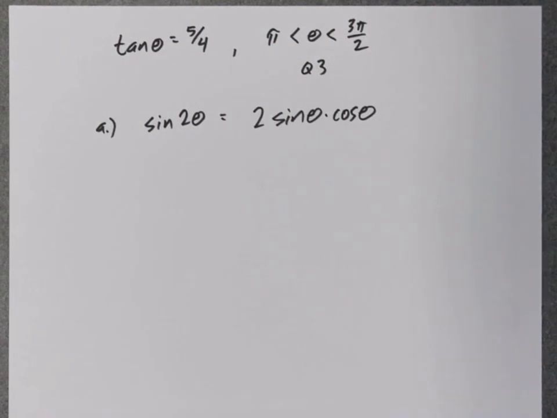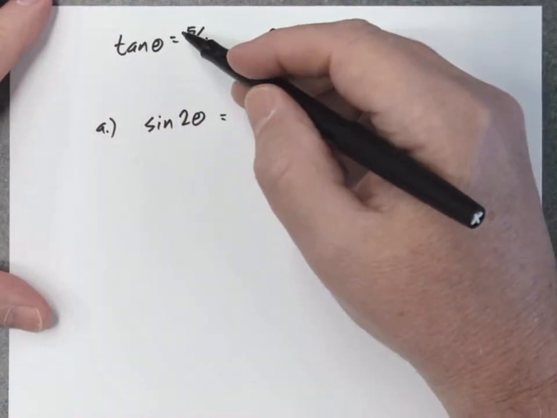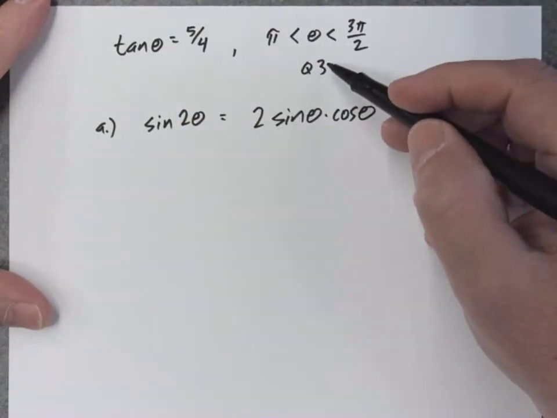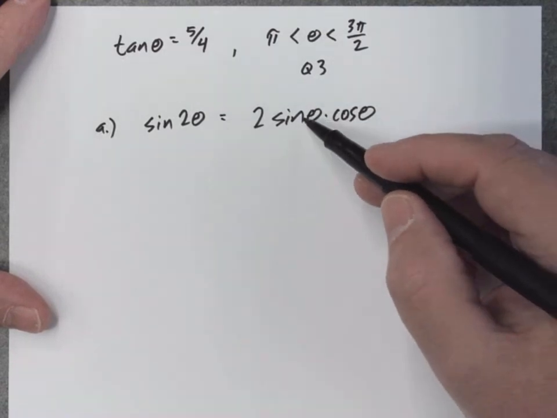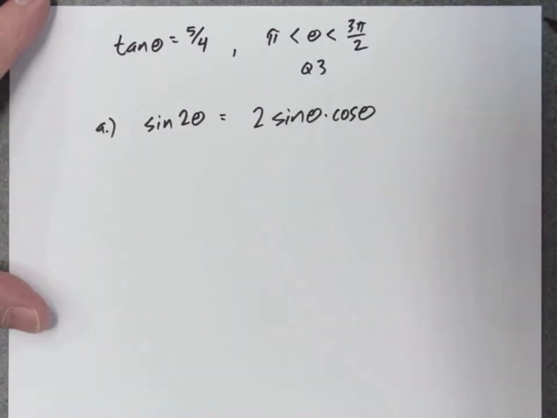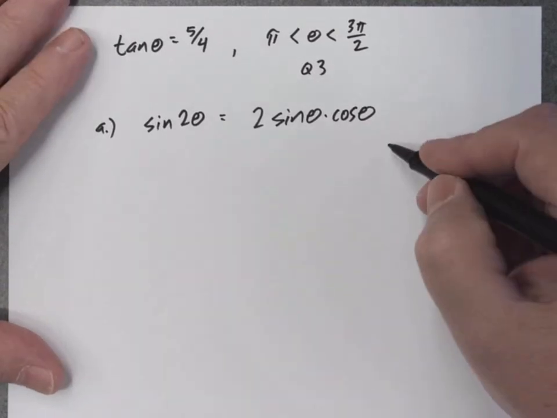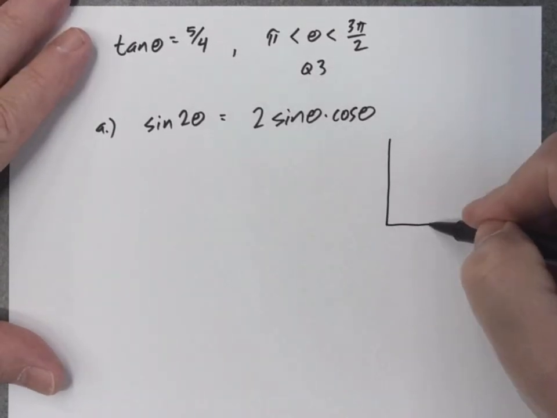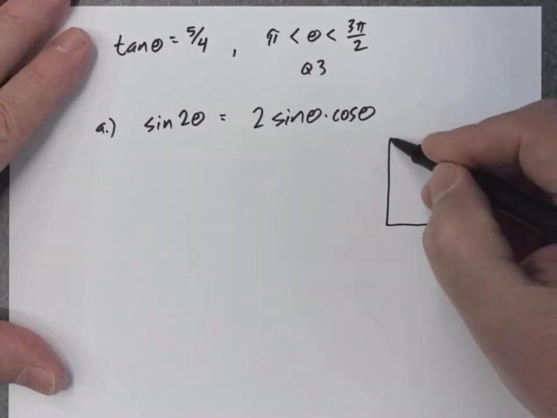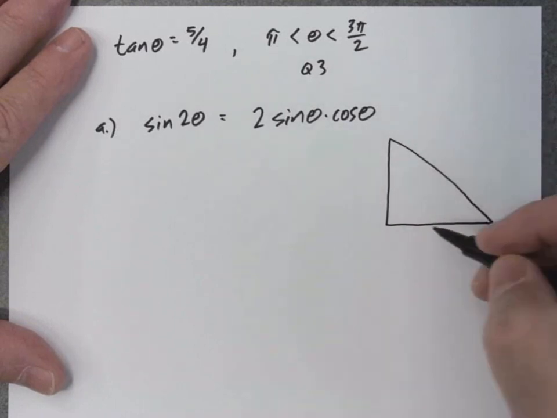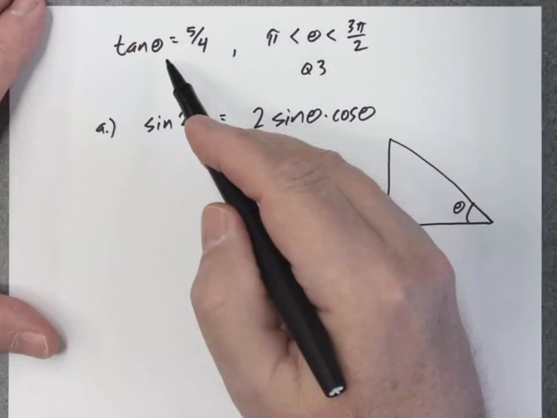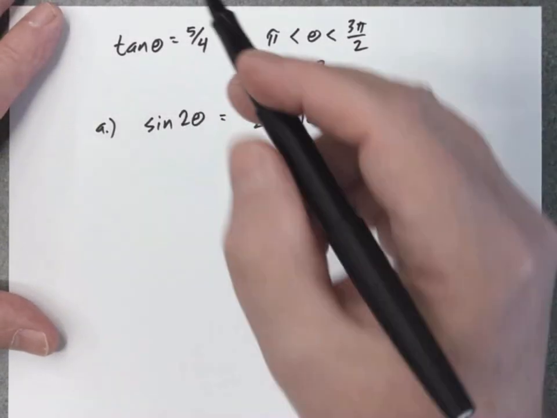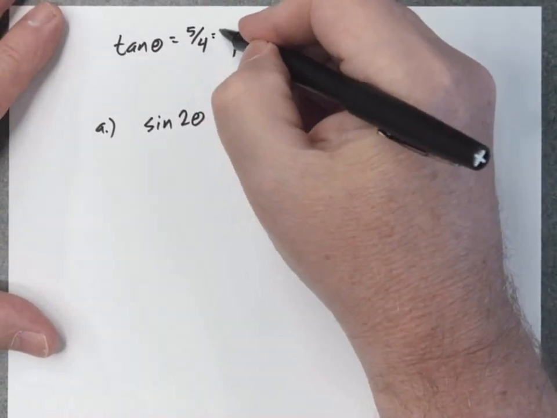Now we're going to go back to something we've already done many times in this class. If I'm given a trig function and I'm told it's quadrant 3, but I need to determine the sine and the cosine of that angle, how am I going to do it? Well, what I like to do, now you can use trig identities, but I just like to go ahead and create my right triangle.